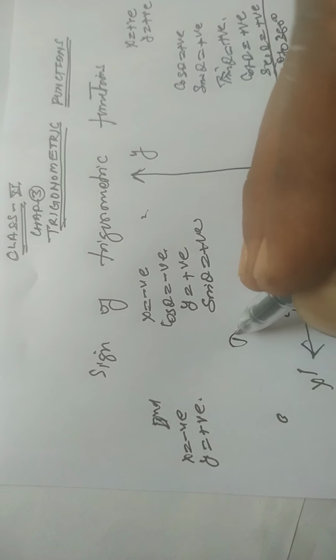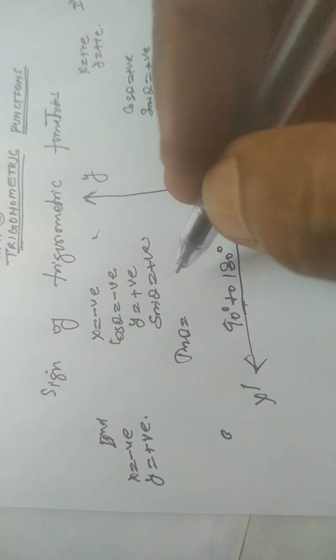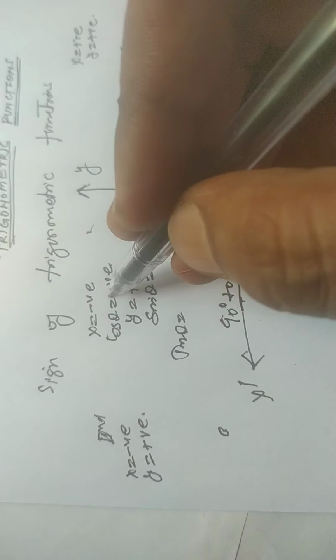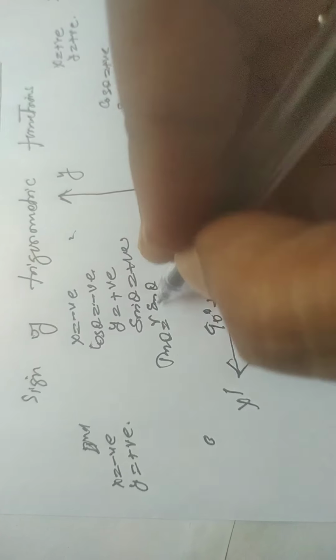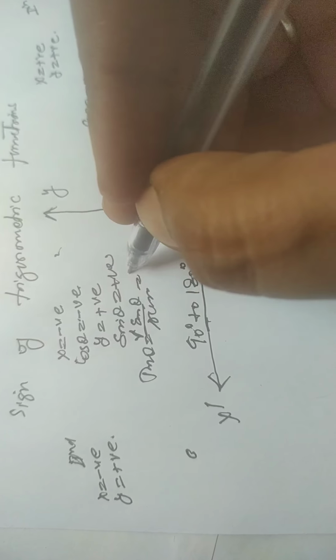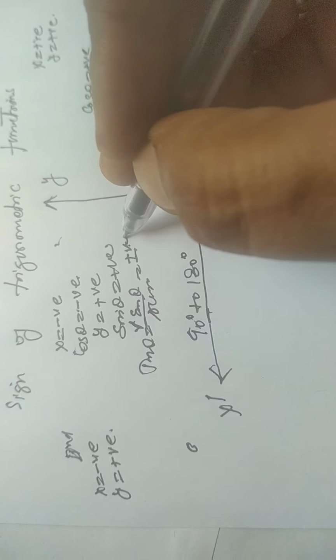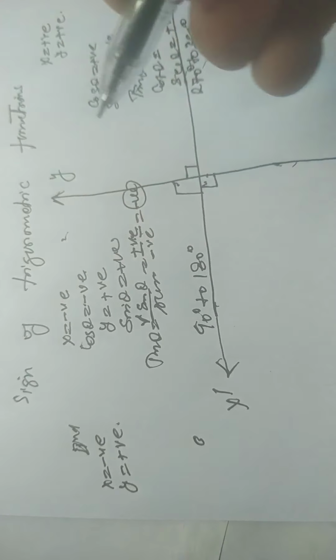Now tan theta is equal to sin theta upon cos theta. I write this as r sin theta upon r cos theta. R cancels out. Sin theta is positive, cos theta is negative, so it is negative. In the second quadrant, tan theta is negative.